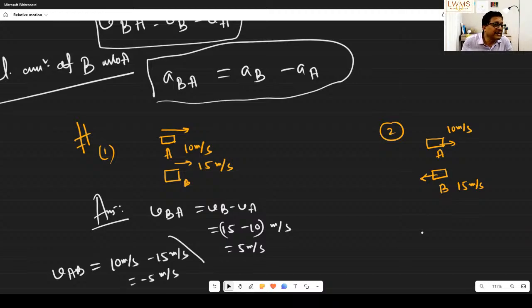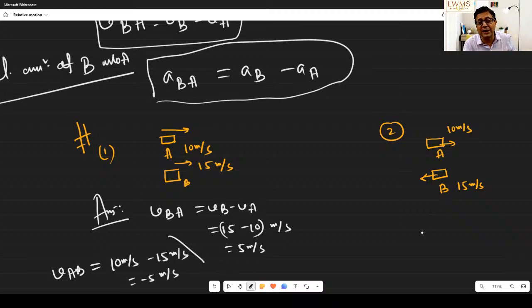So in the first case, it is velocity of what? Velocity of approach or velocity of separation? If VBA is positive, it is velocity of separation. If VAB is negative, then it is velocity of approach. Why? A is lagging behind B, A is going towards B. That's why it is velocity of approach.